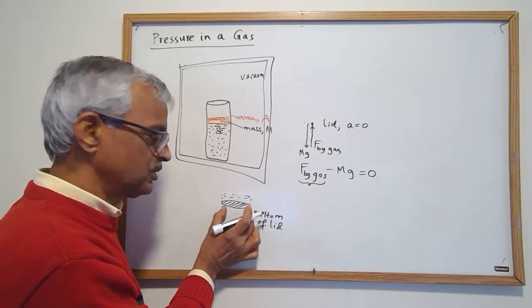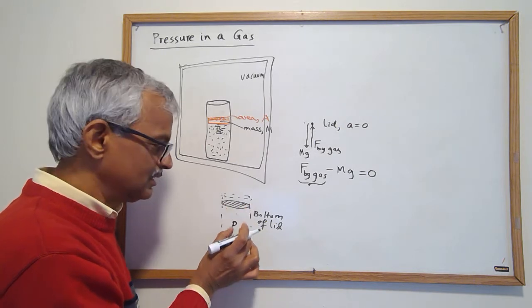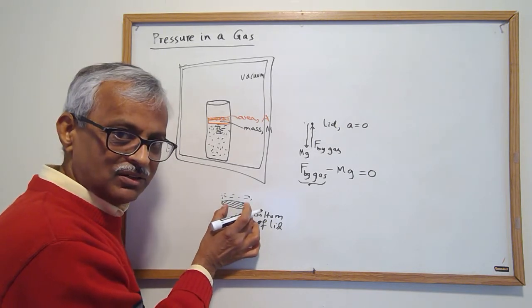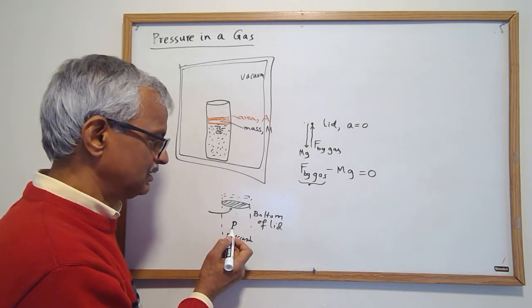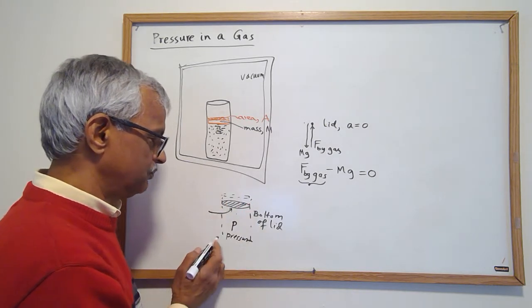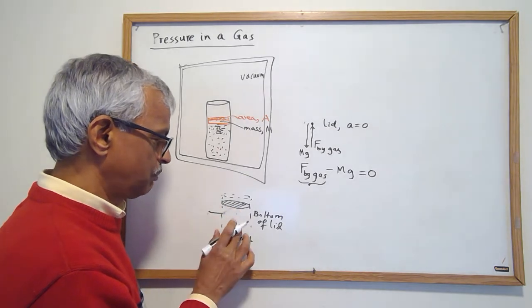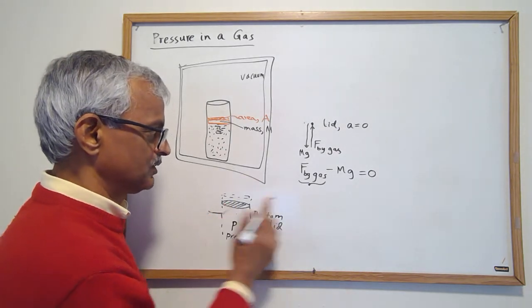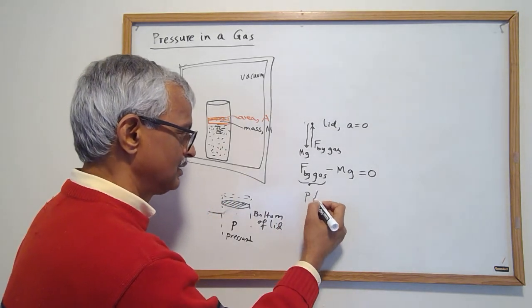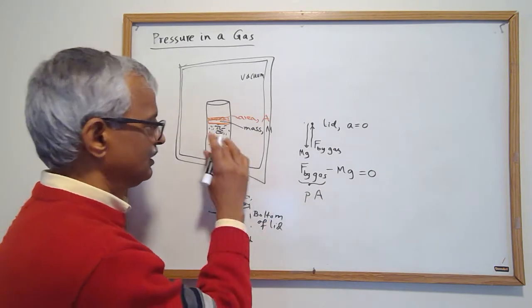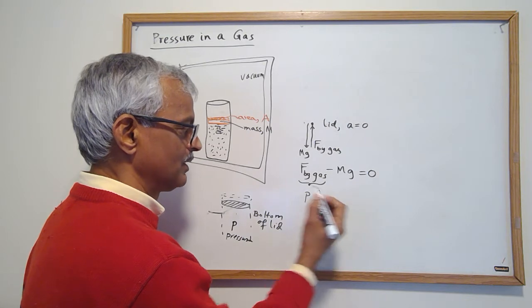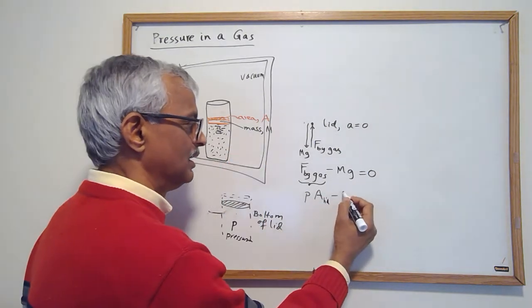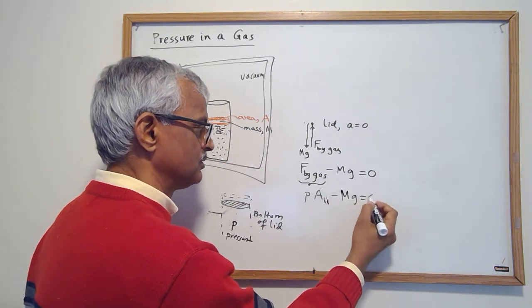So the amount of force the gas will apply is this pressure times the area upon which it's acting. So this is the area upon which the pressure is acting. So the force will be just pressure times that area. So this will be pressure of the gas times the area of the cross section of the lid in this example, minus mg equal to 0.